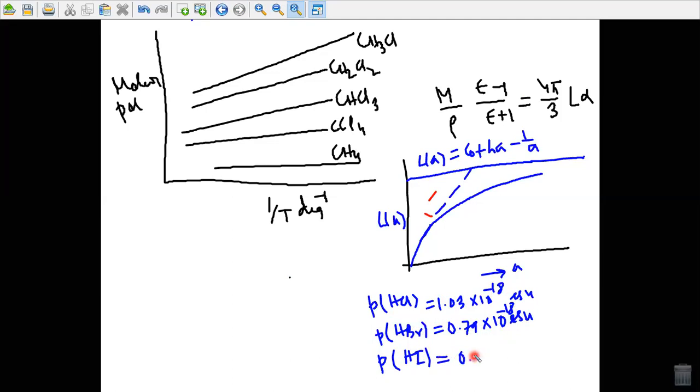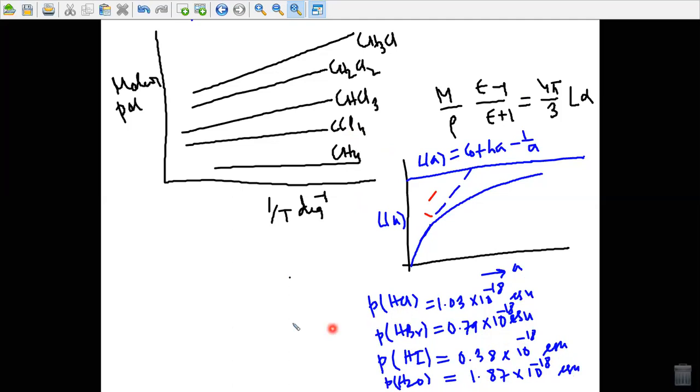The moments are often expressed in Debye units, where the Debye unit is 10 to the power minus 18 ESU, of the order of the electronic charge times an interatomic distance. So this is all about orientational polarizability.